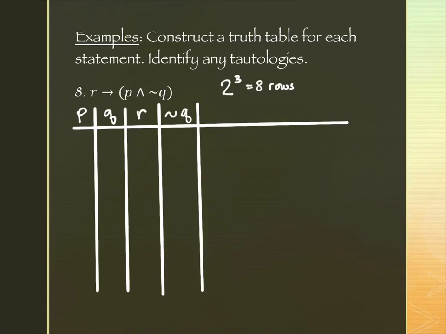What else? The parentheses. Part in parentheses. So I have P and the negation of Q. Ooh, somebody already said it. Then what? All of it, the whole thing. R implies P and tilde Q.